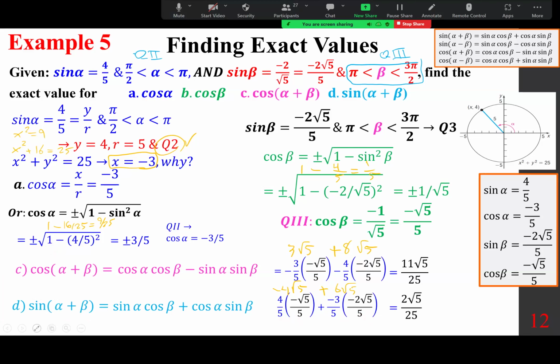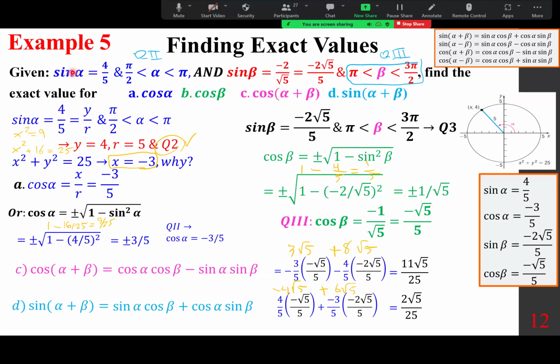A quick recap. We are given sine of some angle, and sine of another angle. We want to find their cosine, and we want to find the sine and cosine of their sum. That means we need sine and cosine for each single angle.